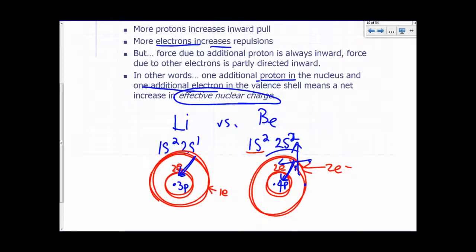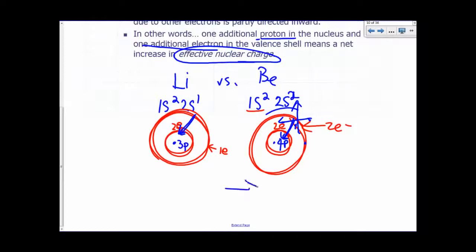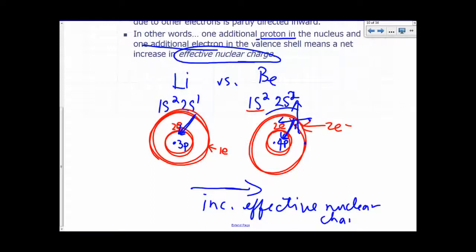So going left to right, you're going to have an increasing effective nuclear charge. And that pretty much determines the trend going from left to right.